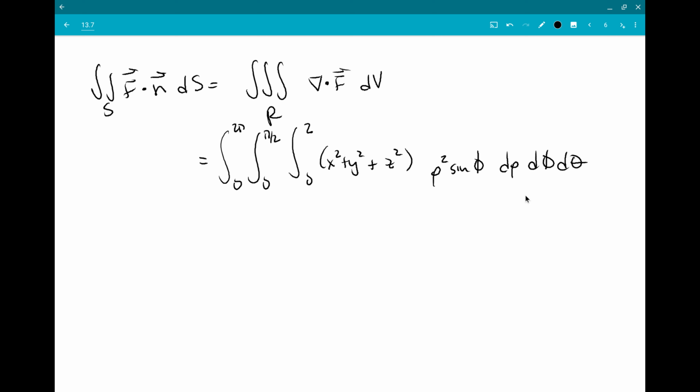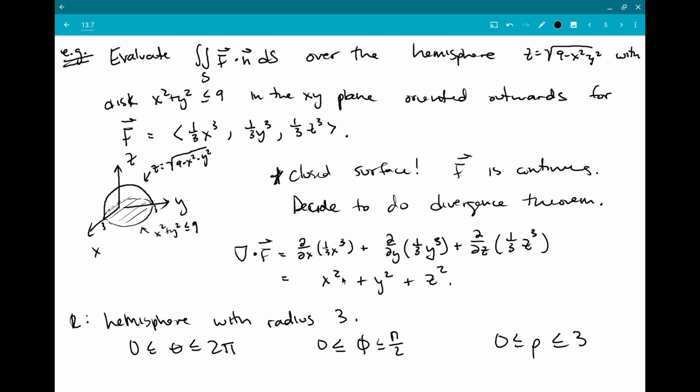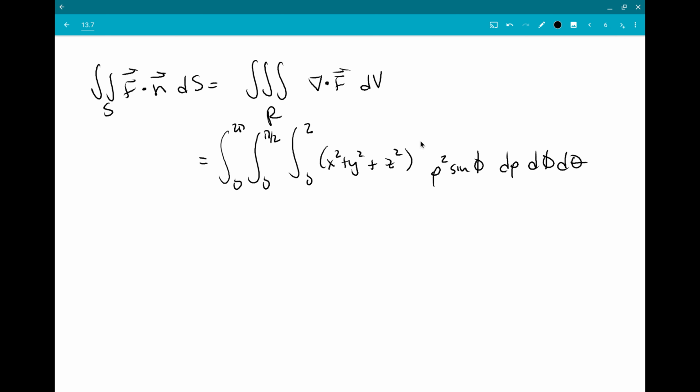And so this is going to be one of those problems where we have to convert, after we've computed the divergence, to the coordinate system we want to use. So it's fine that I took the divergence in Cartesian coordinates, x, y, z. Once it's in this integral, it doesn't really matter where it came from. I just know that this is a spherical coordinate problem, and so the integrand needs to be in spherical coordinates.